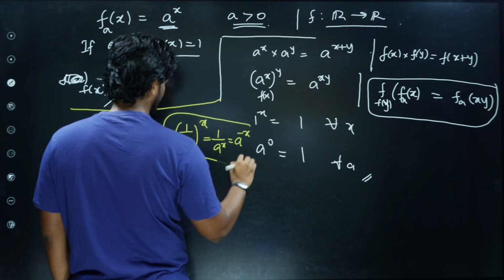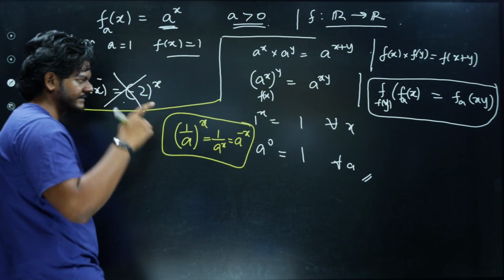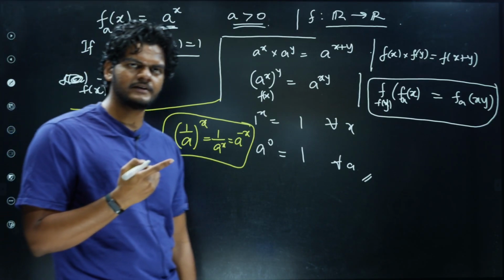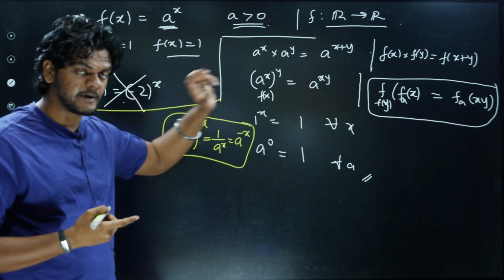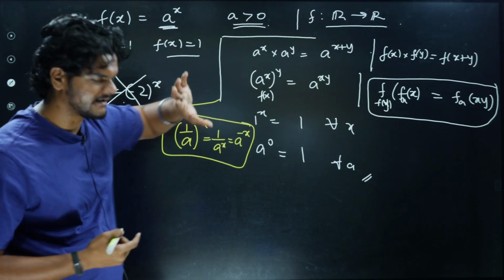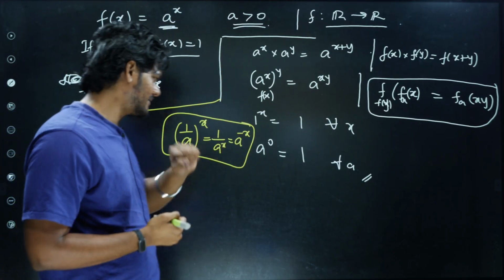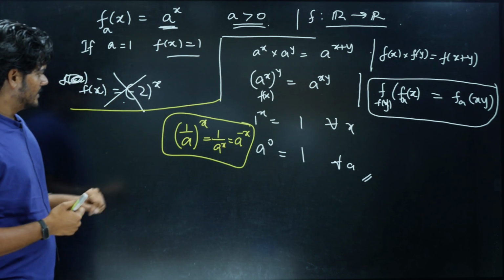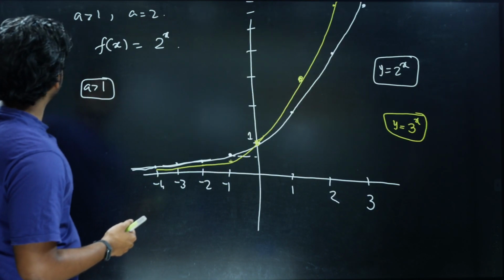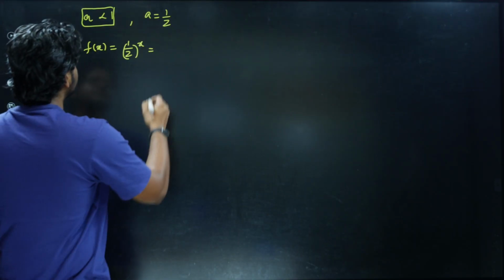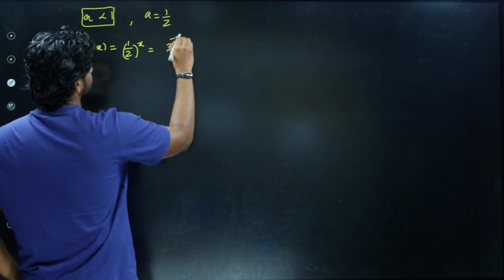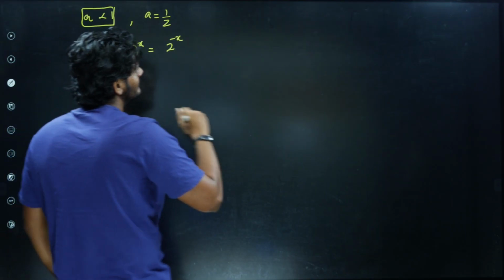This is how we define negative exponent. When we have a negative power, the base will be inverted, right? So this is an important property which we'll use right now, because this will become 2 power minus x.